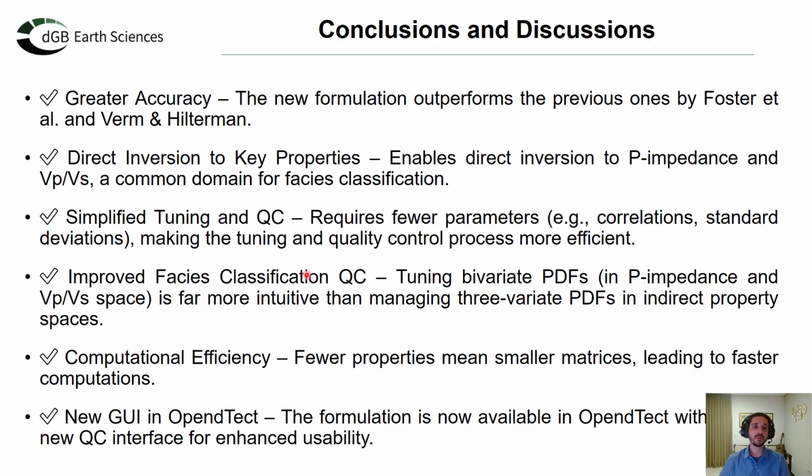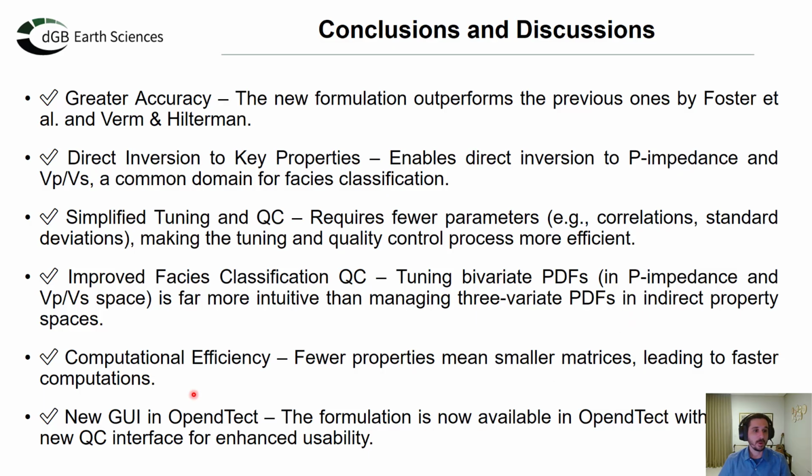It might improve the facies classification as well, the quality control of these facies, because sometimes you have to change a little bit the PDFs in the cross plot, and working with two-dimensional, bivariate PDFs is more intuitive than managing 3-variate PDFs when you are working with the Aki-Richards or Fatti equations.